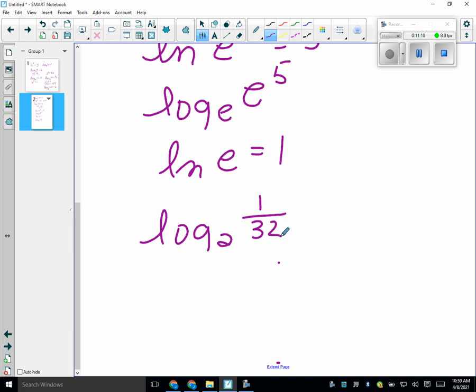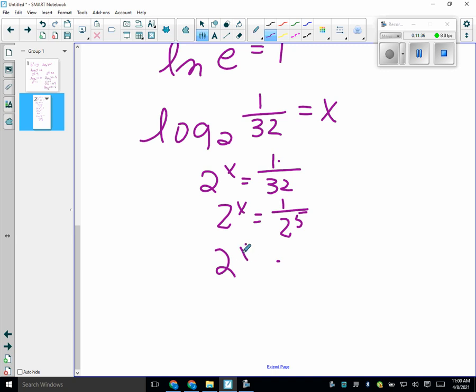Did you use your calculator or your brain? Good job. Remember we let it equal x, 2 to the x equals 1 over 32. So is 2 to the x equal 1 over 2 to the 5th? So is 2 to the x equal to 2 to the negative 5th? So what is x? Is that what you have? Good job. Wasn't that horrible?